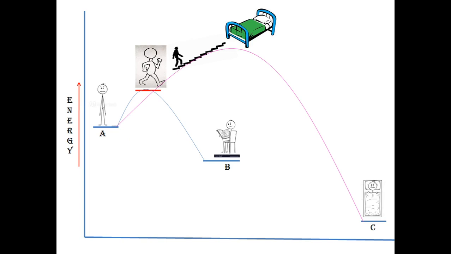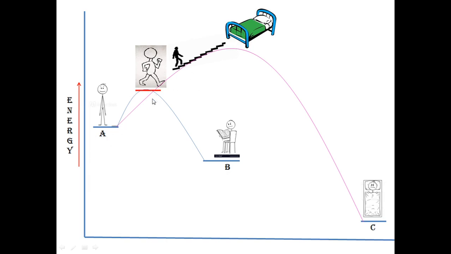And one more thing I want to say: the energy supply from A to this red line. Here you see the arrow I am showing is shorter compared to the one from A to this line.